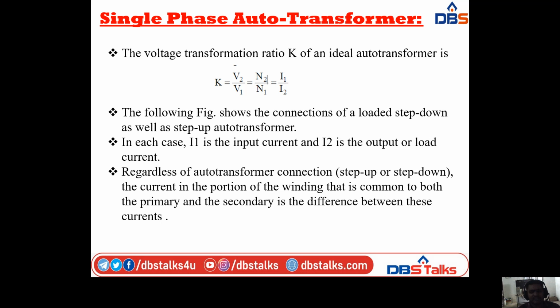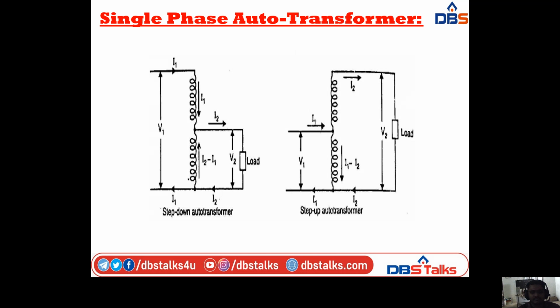Then I will show a diagram of the connections of the loaded step down as well as step up auto transformers. Previously I showed two types of auto transformer, step down and step up, without considering any load, but in this condition we are taking the load.